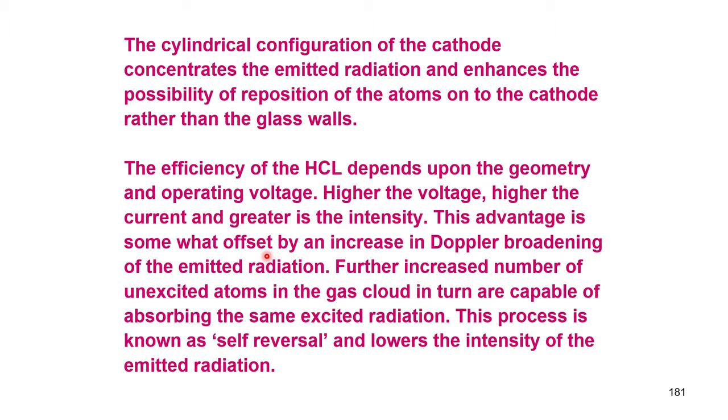How, we will see later, maybe in the next 2-3 slides I will be able to show you, but the thing is the higher voltage is usually not preferred because it reduces the lifetime of the hollow cathode lamp also.